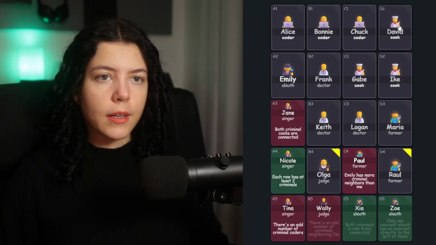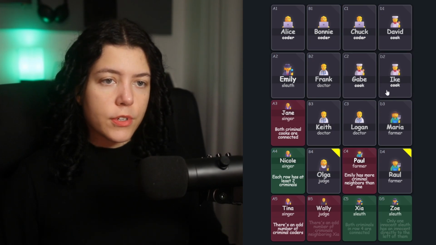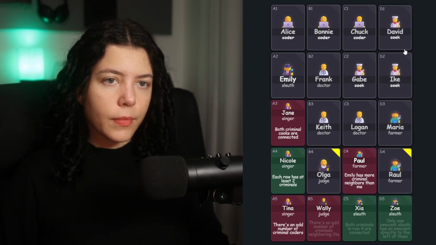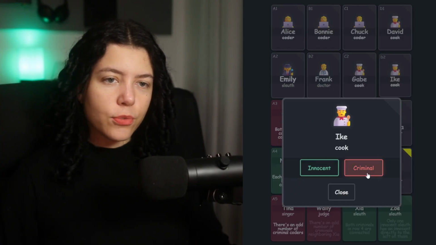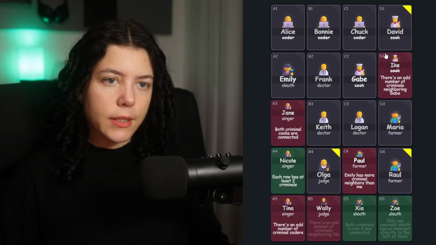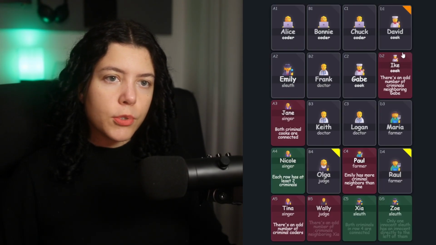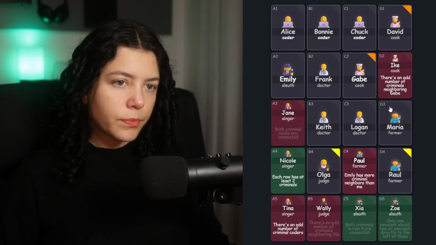They can be connected via row or via column here, horizontally or vertically. All the big words. I'm spending my English today. So Ike has to be one of the criminal cooks, and we know that the second one is either David or Gabe, so we tag them as opposites, and we don't need Jane's clue anymore.